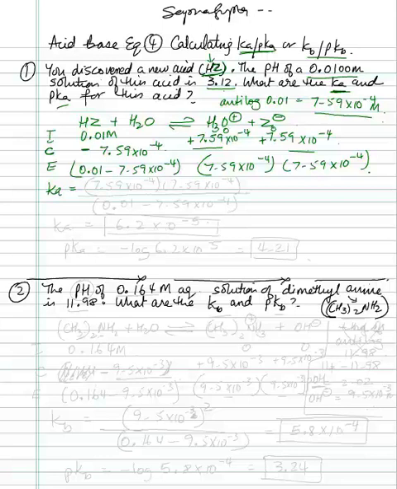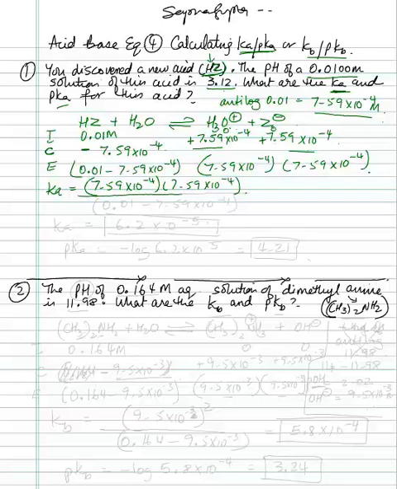Initially we've been calculating pHs, the hydronium ion concentration, but we already have that now. So 7.59 times 10 to the negative 4 for the hydronium ion, and 7.59 times 10 to the negative 4 for the conjugate ion.